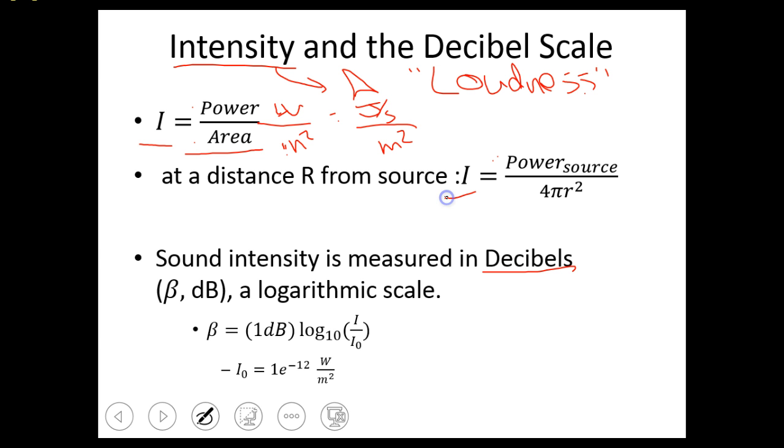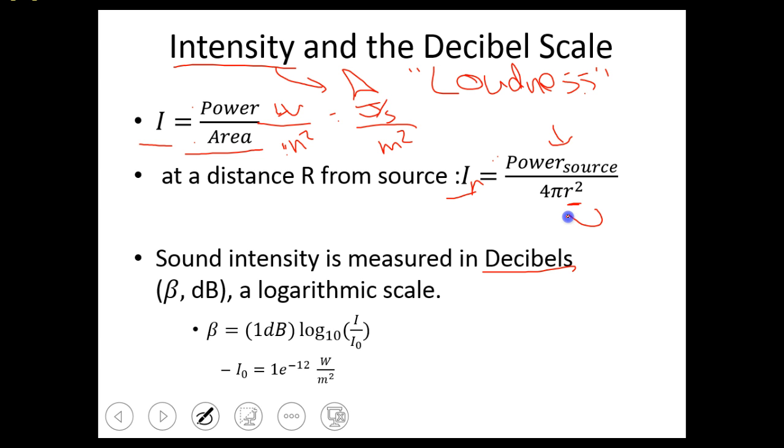And so if I'm at some distance away from somebody, the intensity from where I'm at is going to be equal to the initial power of the source divided by the radius, how far away I am from them.